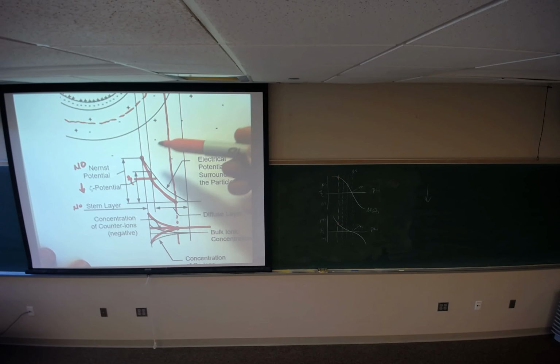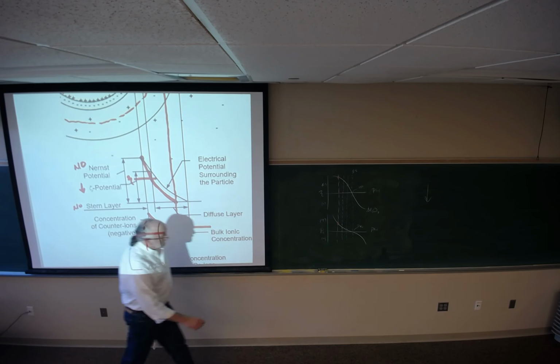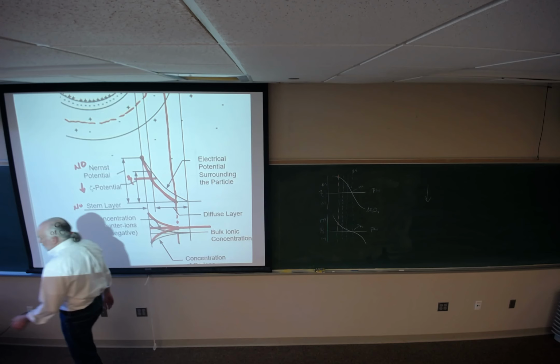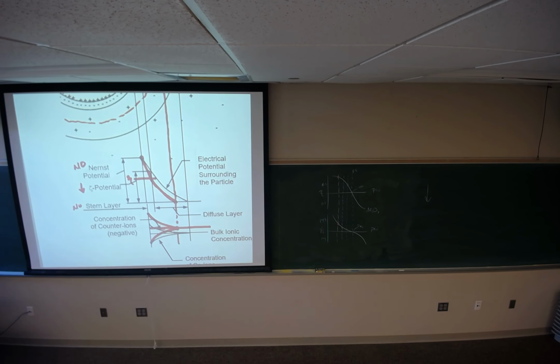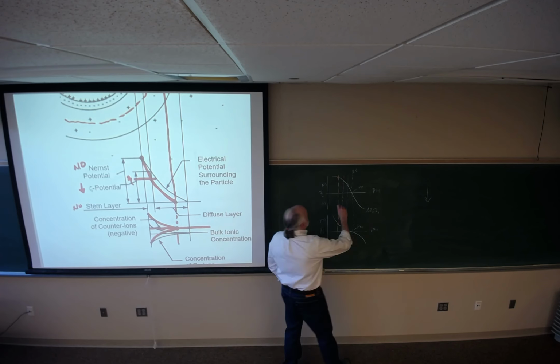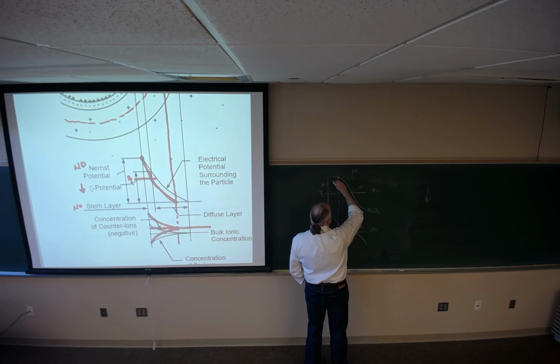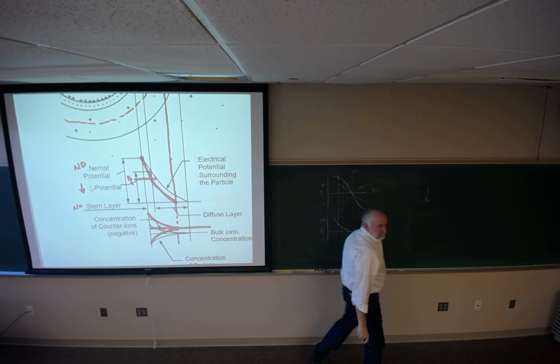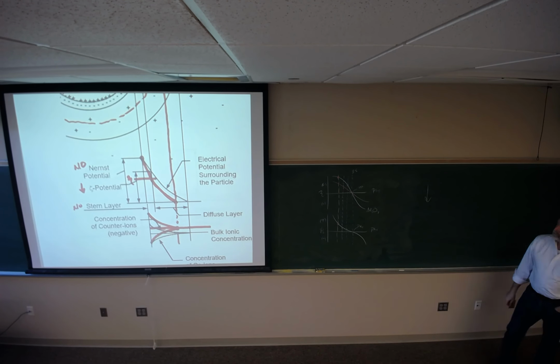And then I end up with a decrease in zeta potential. Are we okay with that? Okay? So if I were to do that on this figure with the red chalk, you get this. Good? Are we all right with that?